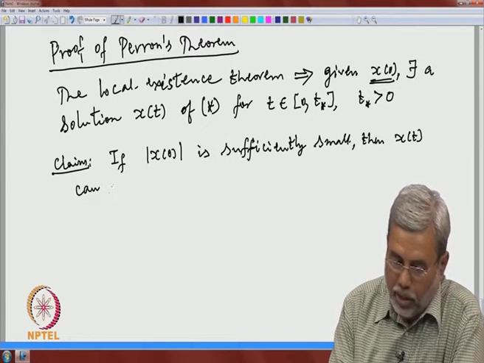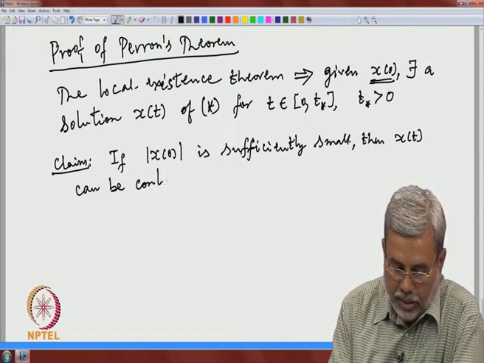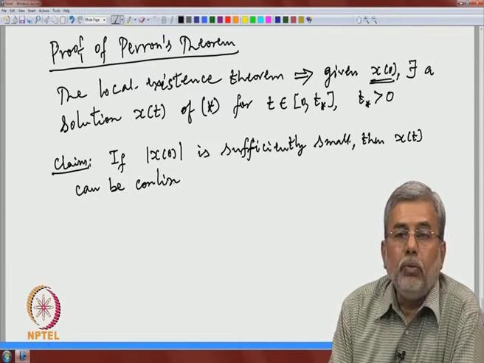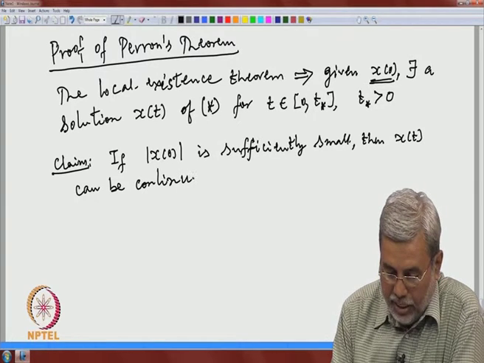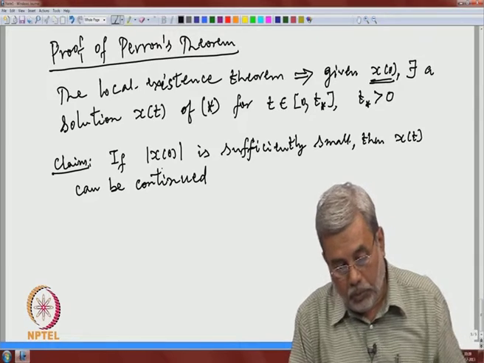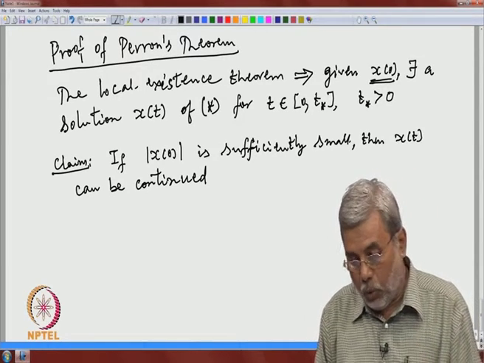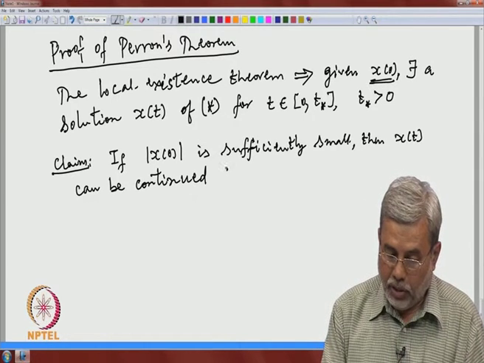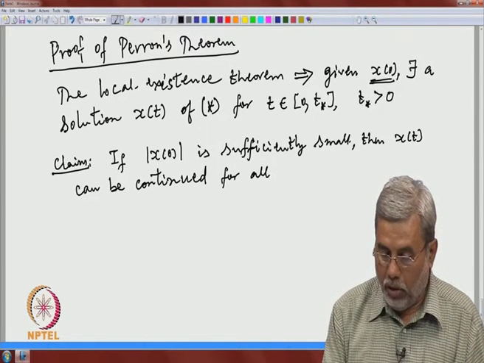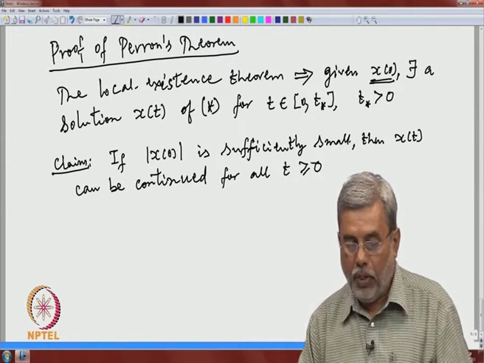This is also part of the existence theory we have done earlier: when is it possible to continue a solution which exists for a short time to all t positive?